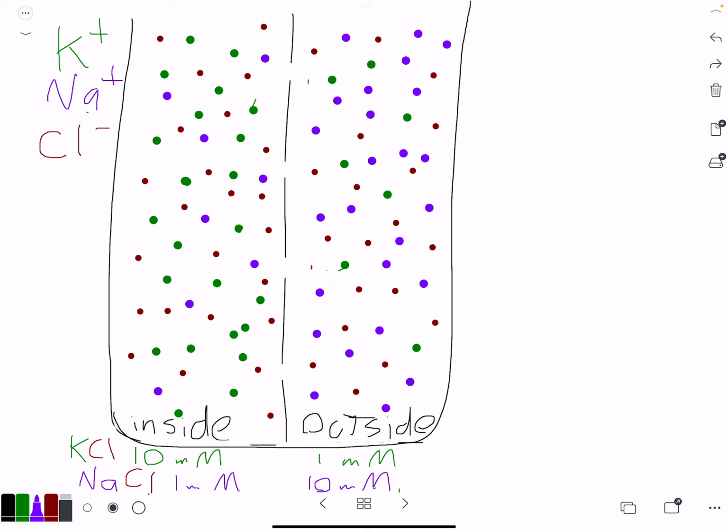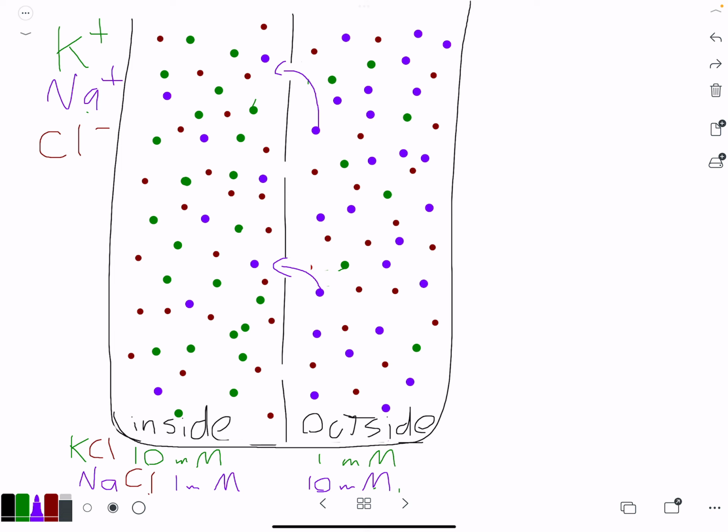Well, there's a lot more sodium on the outside than the inside, so according to the laws of the chemical force in diffusion, sodium's going to move from outside to inside. Eventually, it's going to reach a potential equilibrium, where the forces pushing sodium to the inside, the diffusion force or the chemical force, and the force pushing sodium from the inside to the outside, which is the electrostatic force, are equal.